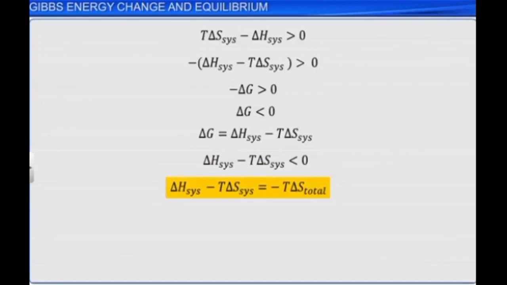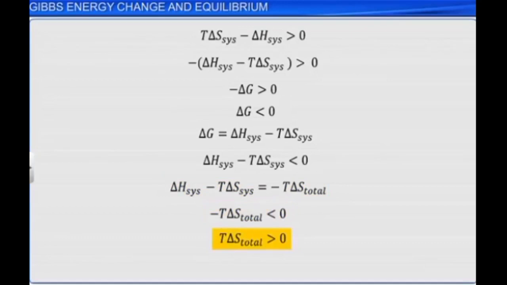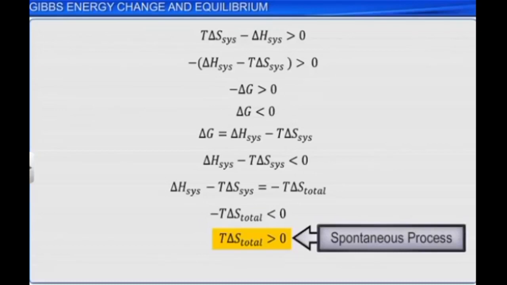But when the value of delta S total is greater than 0, it indicates a spontaneous process. This means that change in Gibbs energy less than 0 indicates spontaneous process. Therefore, we can conclude that if at constant temperature and pressure, change in Gibbs energy delta G is negative, that is, less than 0, then the process is spontaneous.